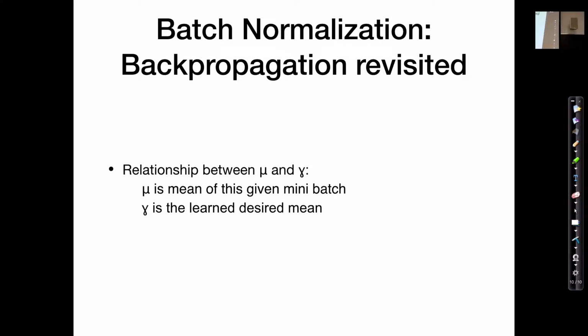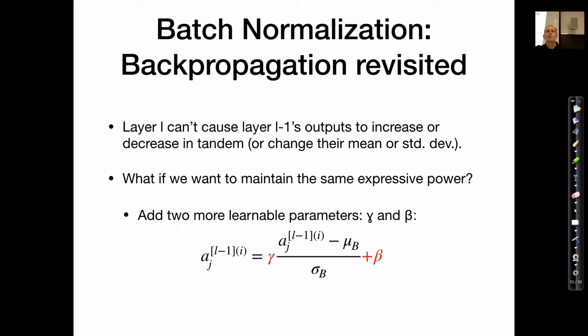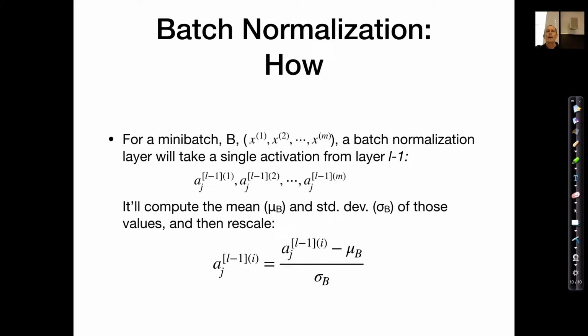What do we want to do if we want to do prediction? Batch normalization says we're going to take a bunch of inputs and rescale them based on the mean and standard deviation of that mini batch. So we could require that when we do inference we have a mini batch.